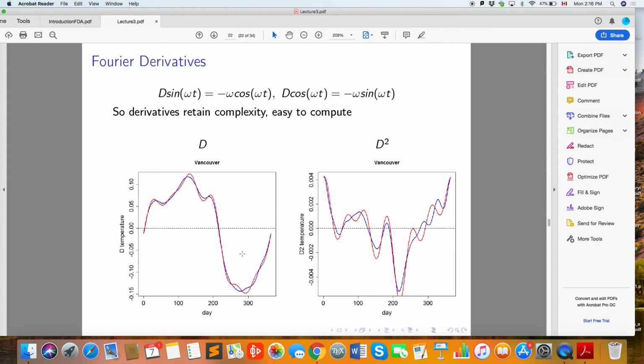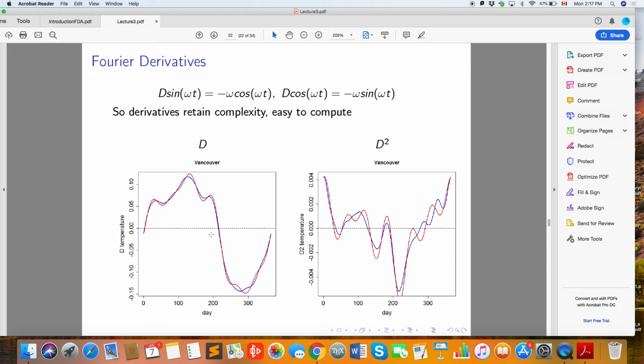So here, the two panels show the estimation for the Vancouver temperature curve. I believe the blue one is the true derivative of temperature. This is a simulation study. So the blue one is the true first derivative and second derivative.